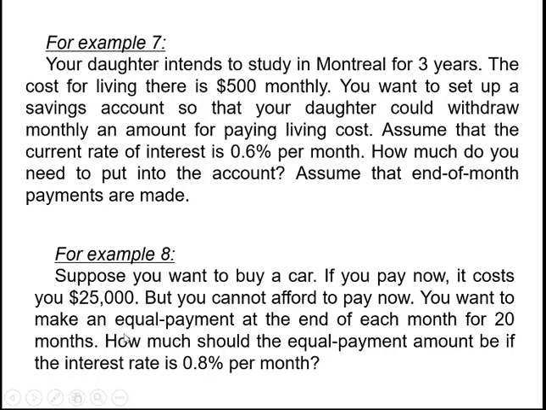You want to make an equal payment at the end of each month for 20 months. How much should the equal payment amount be if the interest rate is 0.8% per month? In Vietnam, we call this mua xe trả góp.